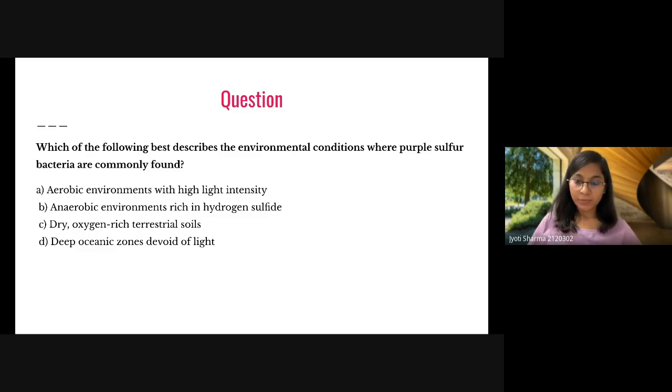So they are not releasing oxygen, and they are not splitting water, but they are using hydrogen sulfide as an electron donor. So based on this explanation, I will go to option B, that is anaerobic environment. There is no presence of oxygen because oxygen is not being produced as the byproduct. So there is no oxygen there.